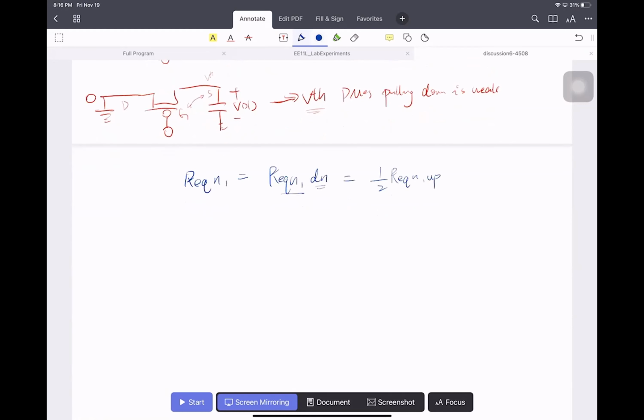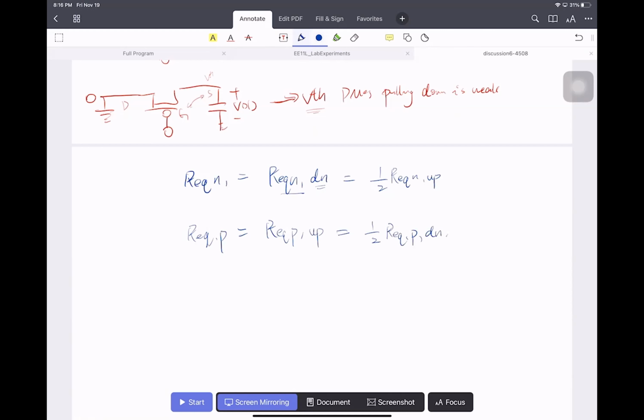Similarly, for PMOS, it's the same idea: equivalent P is equal to equivalent P for pulling up, because PMOS is good at pulling up. That's the normal condition of the resistance of the PMOS. And pulling down is weaker, so the resistance is twice of what it should be. So it's equal to half of the P pulling down.